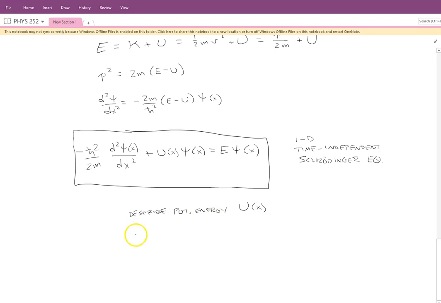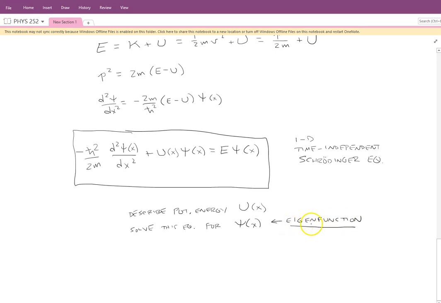Describe that. Then you try to solve this equation for the psi of x. And this psi of x is commonly called the eigenfunction, and I'm going to use that term.